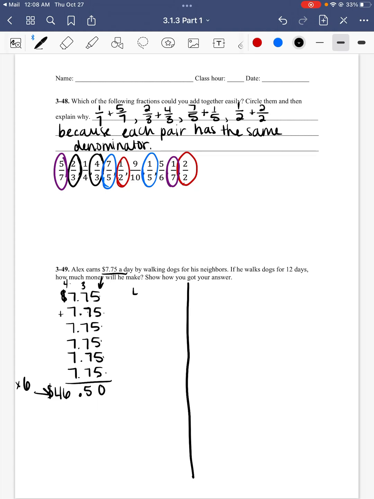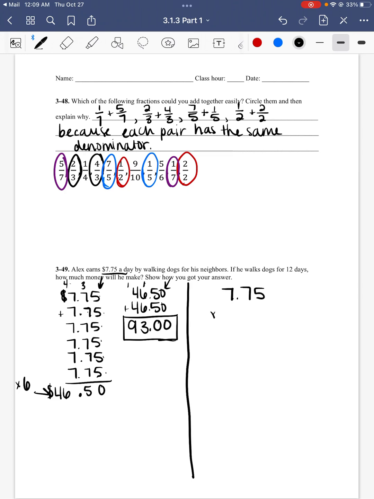For 6 of them, it's $46.50. So I have to take $46.50, add it together. Start here, 0 plus 0 is 0, 5 plus 5 is 10, carry my 1. 6 plus 6 is 12, plus 1 is 13. 4 plus 4 is 8, plus 1 is 9. It'll cost $93.